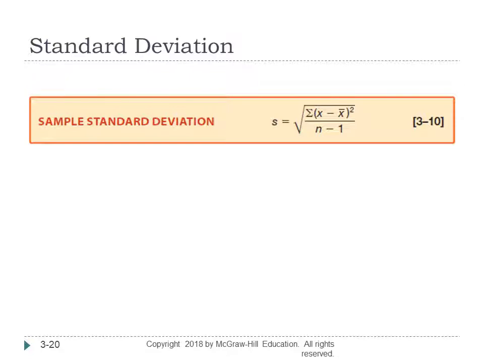The standard deviation is just the square root of the variance. If you want to calculate the standard deviation, you can apply the formula directly, or you can calculate the variance first and then take the positive square root of the variance, and that should give you the standard deviation. The population standard deviation is calculated similarly. It's just the square root of the variance of the population.